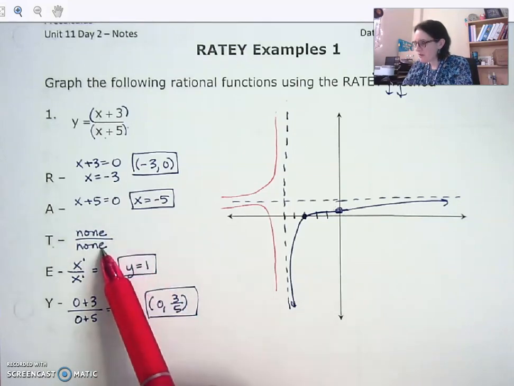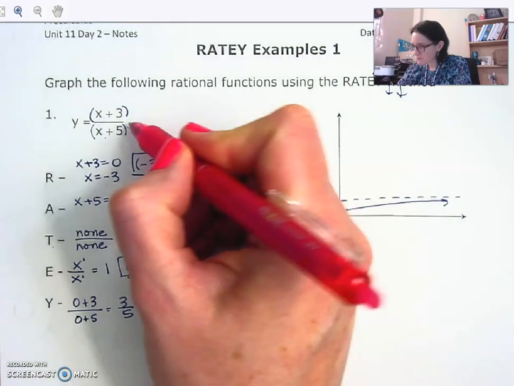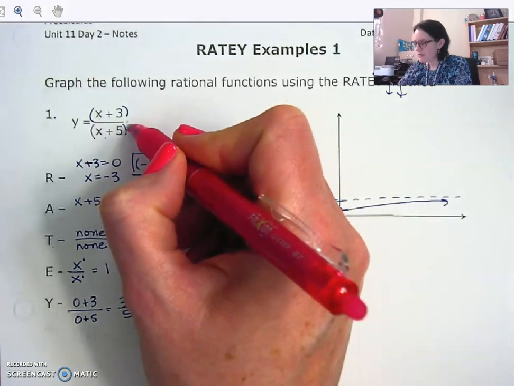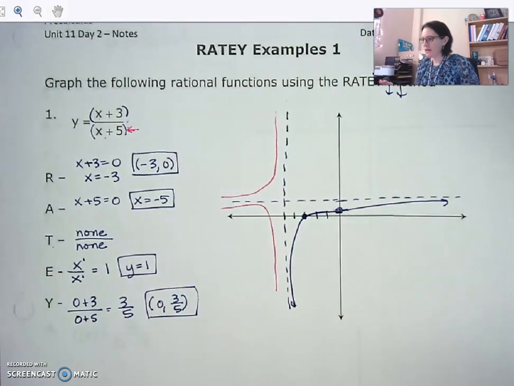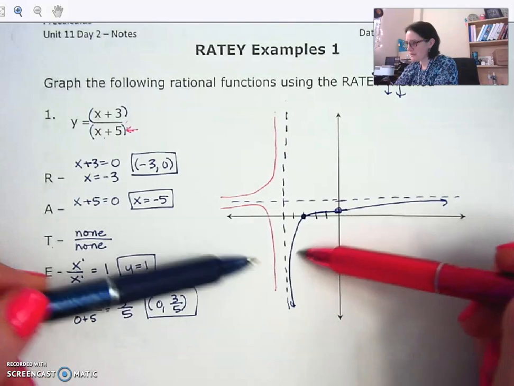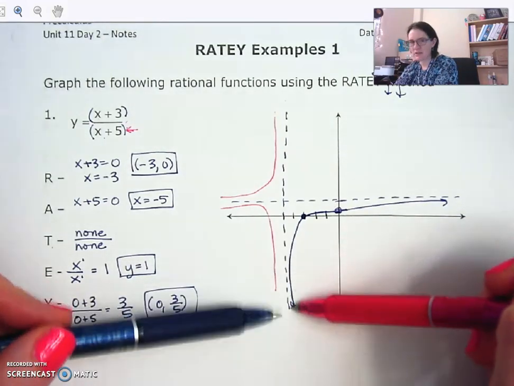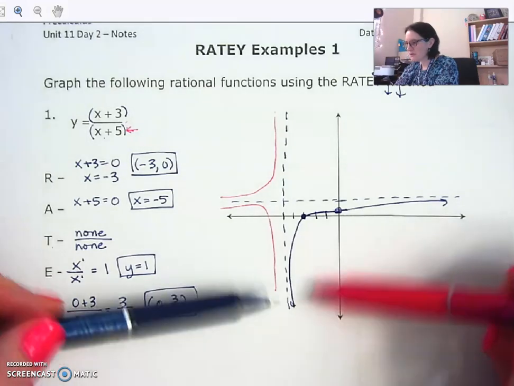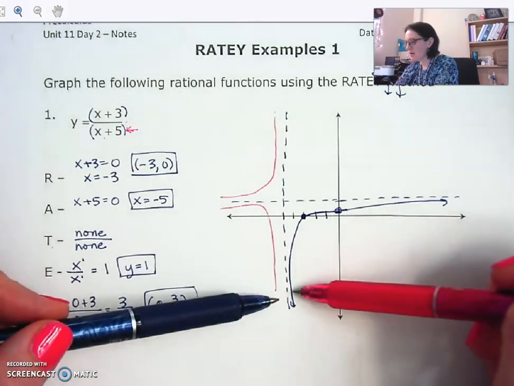So if my factor here was squared, that would mean the behavior is coming together at either part of the asymptote. It's going to be going the same direction on either side. But we weren't squared, so it's not going to be coming together, it's going to be going apart.